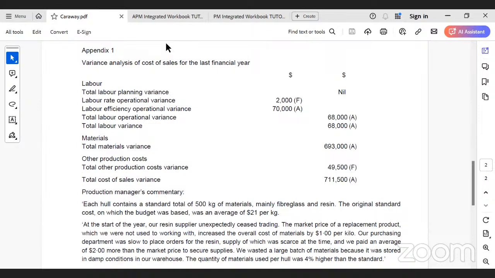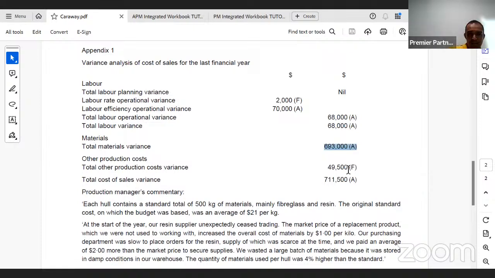Right, do we have anything? I will share the complete answer that I've done for this with you. But before that, let me show you something. Now look at this 693. Total material variance 693, adverse.